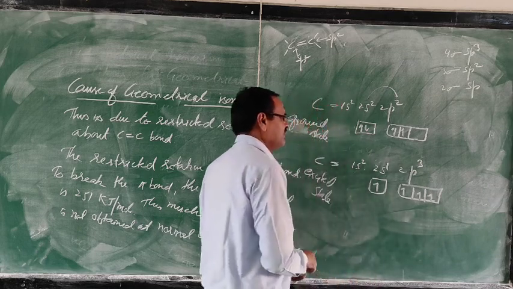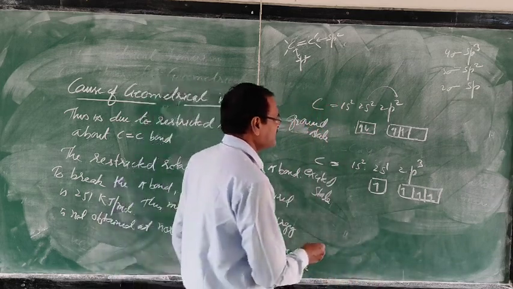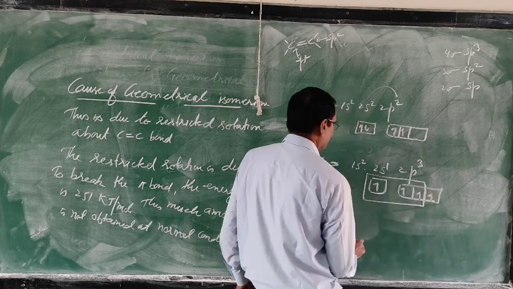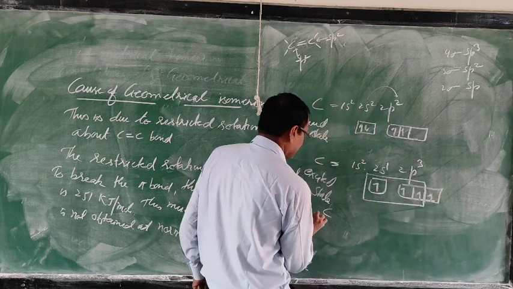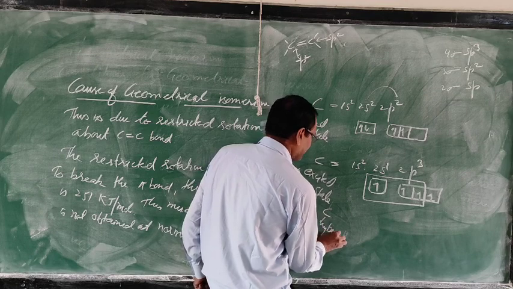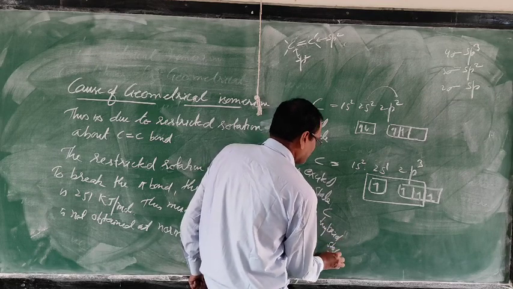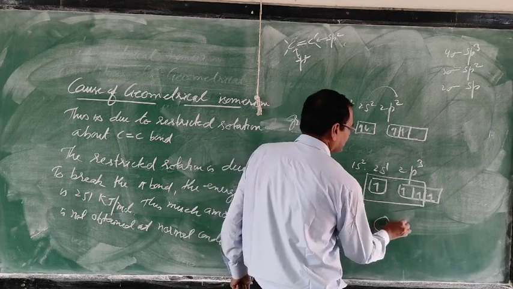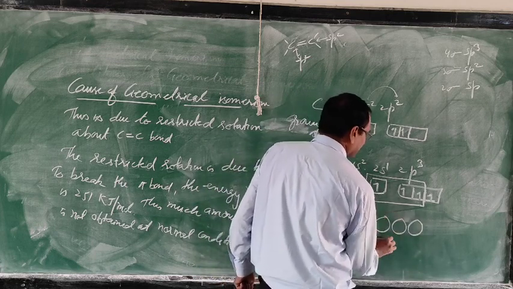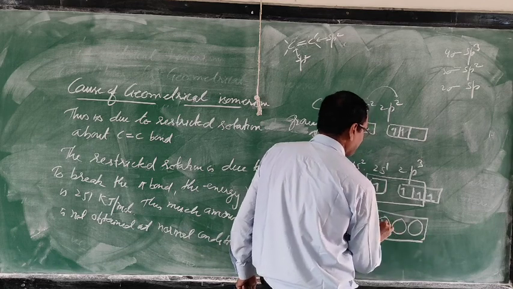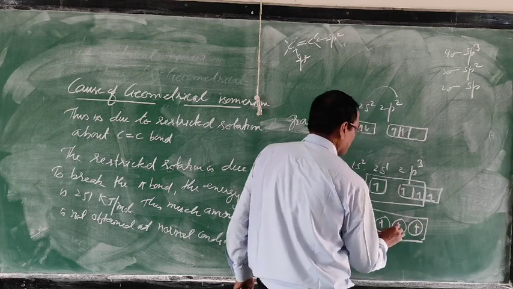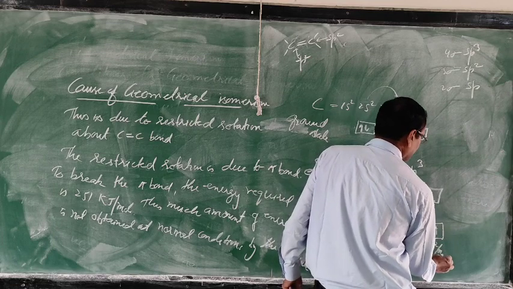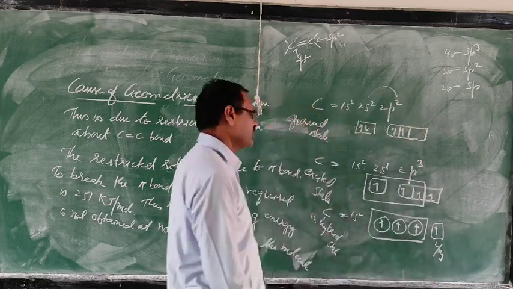Since you studied that this is sp2 hybridized, then the 2s and two 2p orbitals will be mixed, and one 2p orbital, either 2py or 2pz, is perpendicular to the plane.